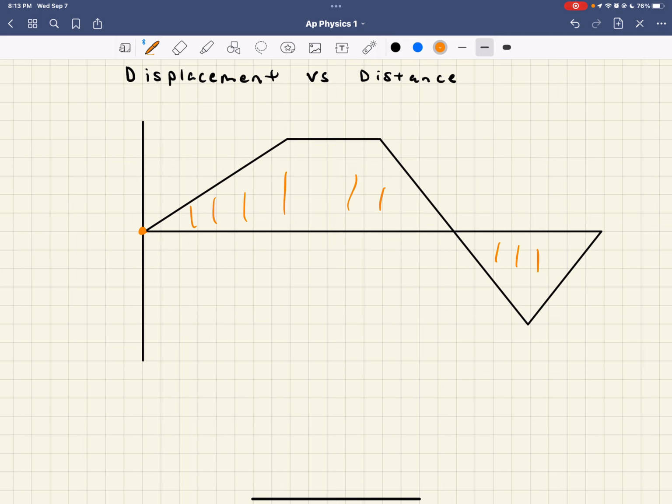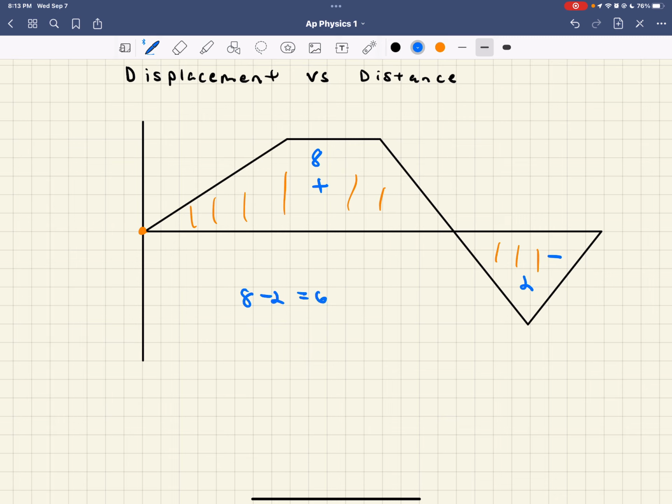For displacement, you have to keep account of the sign. So for this area under the curve, since it's above the x-axis, it will be positive. And for this area under the curve, it will be negative. So let's say the positive area is 8, and the negative area is 2. So your displacement will be 8 minus 2, which is equal to 6.